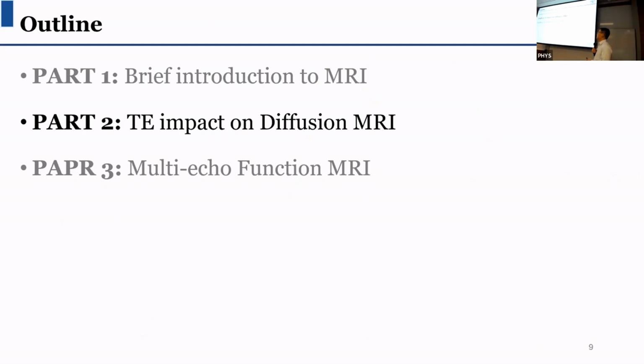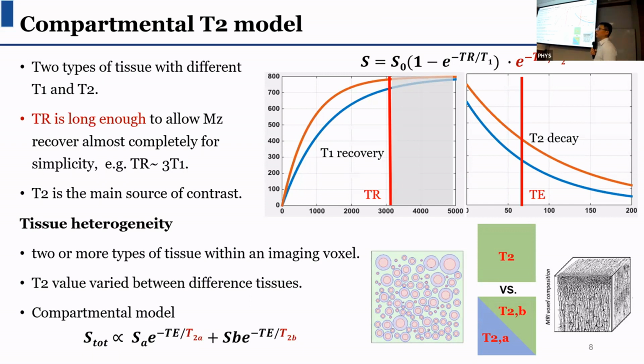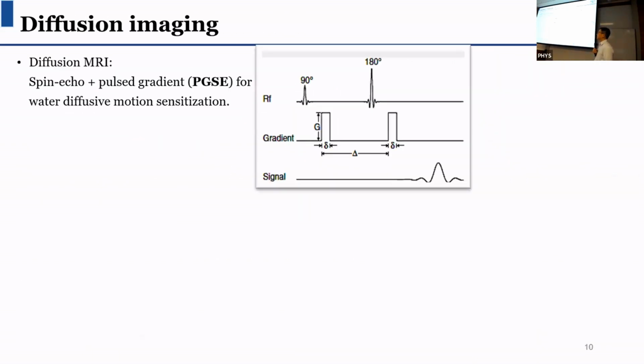Then I will go to the second part, which is diffusion MRI. I will show you how our working hypothesis, like this equation, will impact the signal. In diffusion MRI, the main part is quite similar to the spin echo I just introduced.